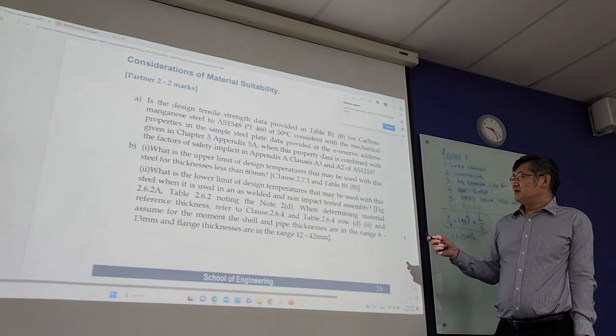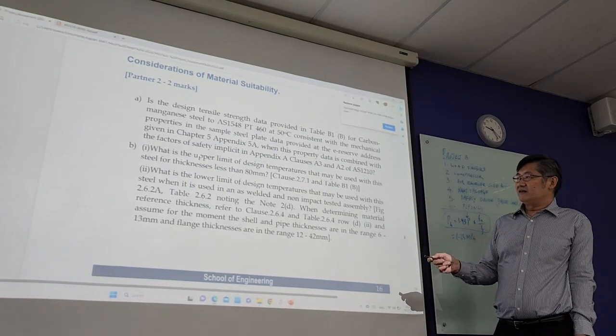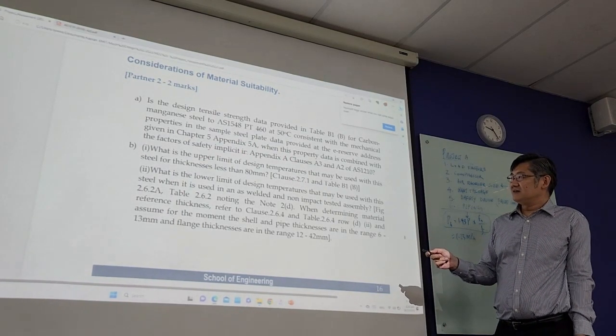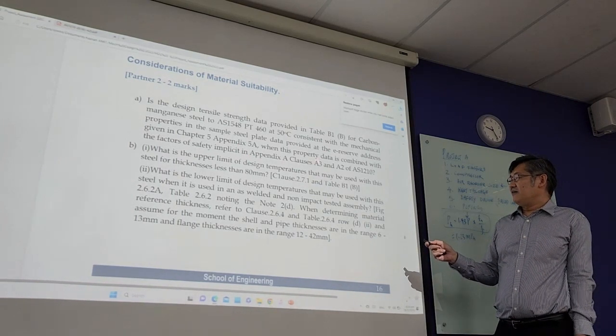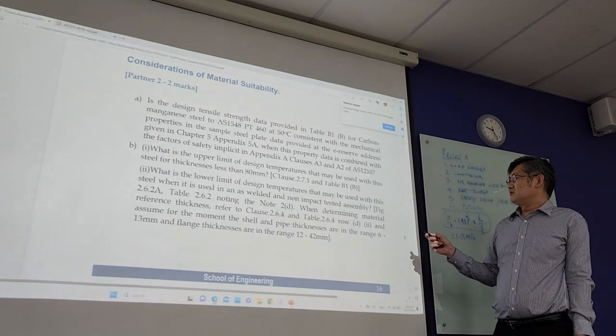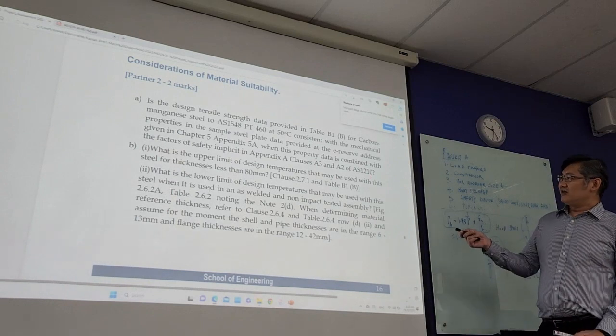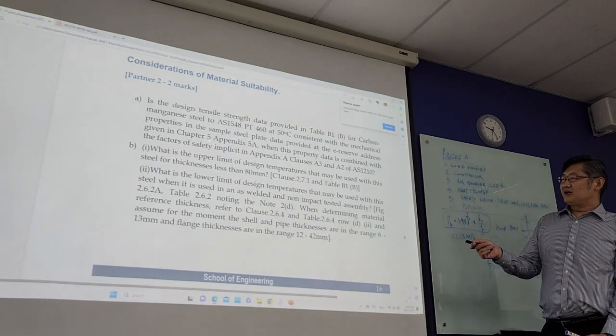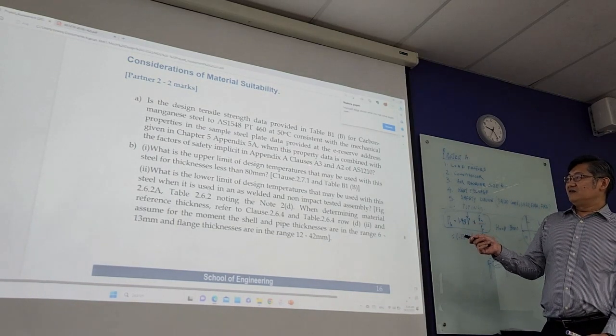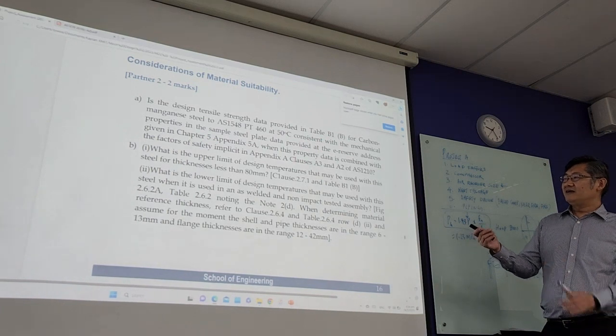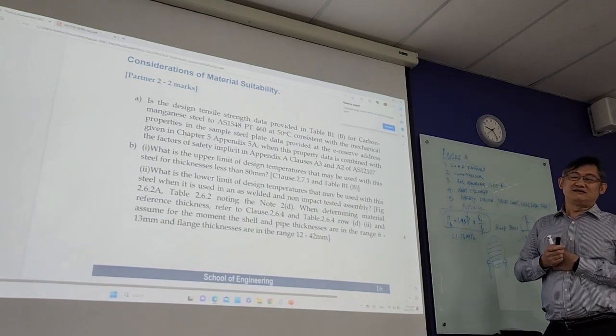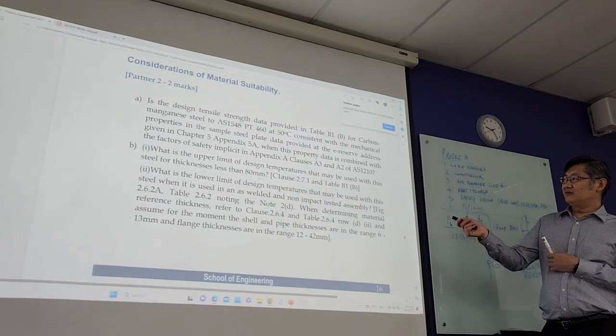When this property data is combined with the factor of safety implicit in Appendix A, Clause A3 and A2 of AS 1210. So they ask whether the catalog supplied by the supplier and the one in the Australian standard are compatible. So they want to find out the design tensile strength for this sheet metal.